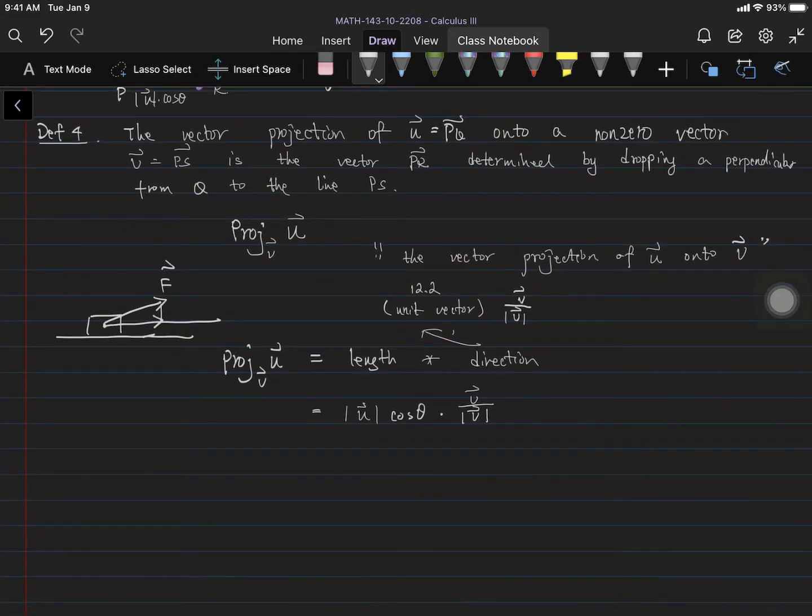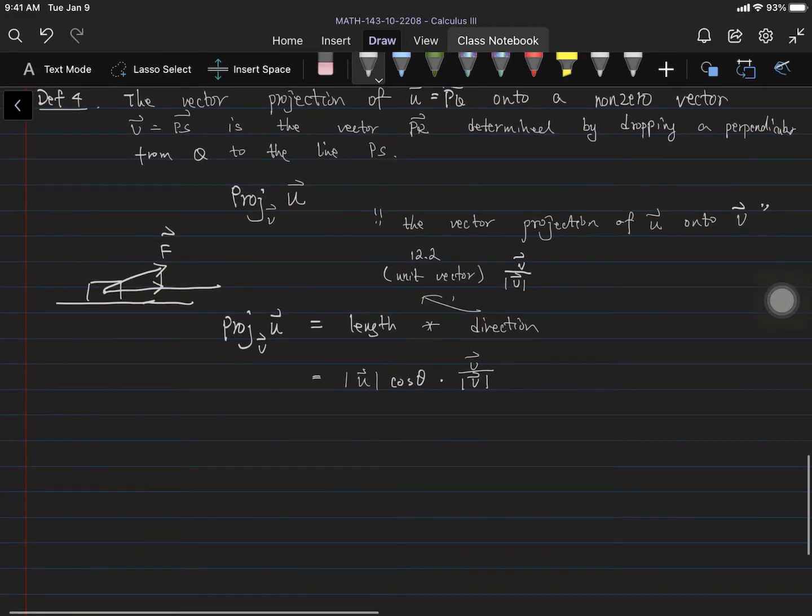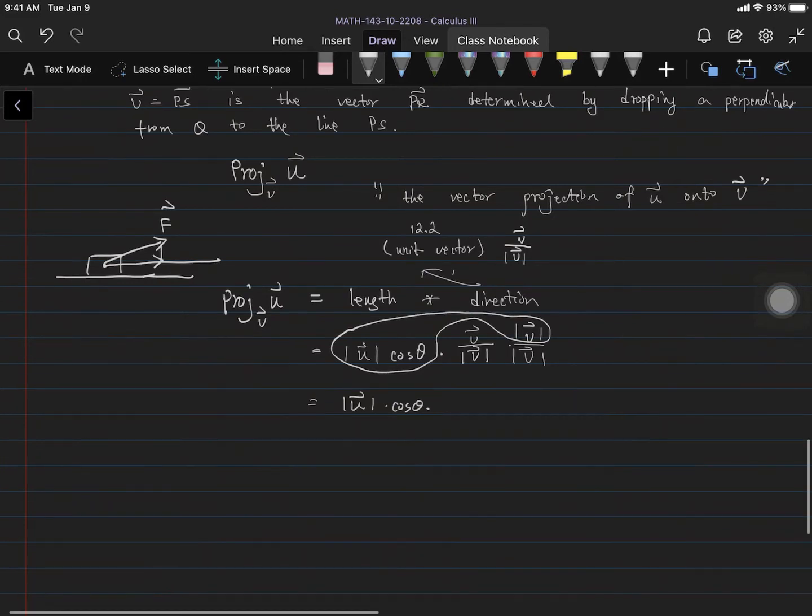Now we are going to combine. We are going to rewrite this as the u vector length times cosine theta. We want to multiply by another v vector length, because we want to write this as a dot product.